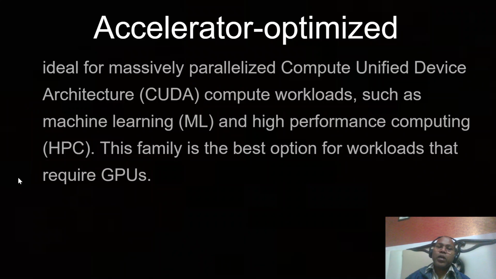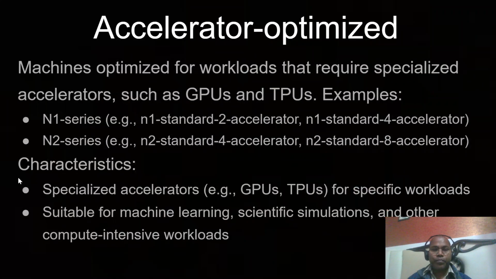For this scenario you have to choose the accelerator optimized machine, which is basically designed for workloads that require specialized processing capability such as GPU or TPU.